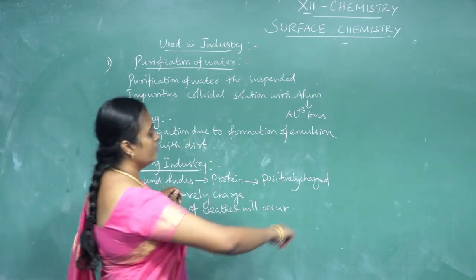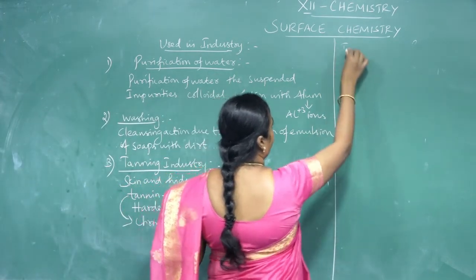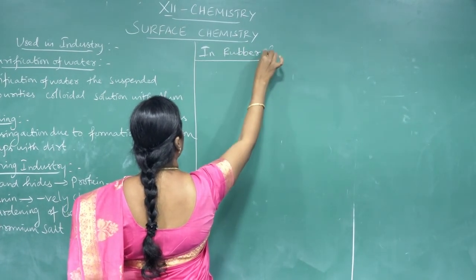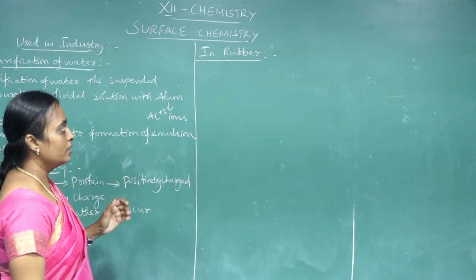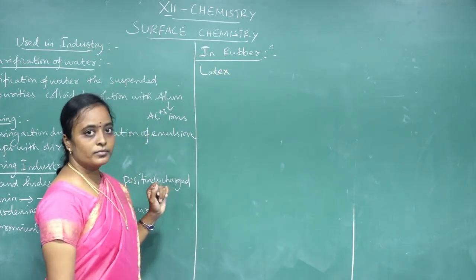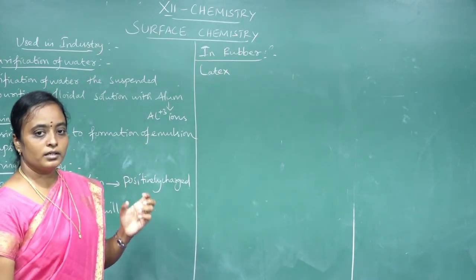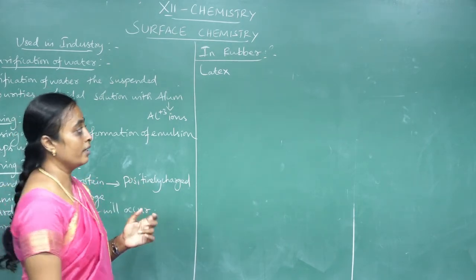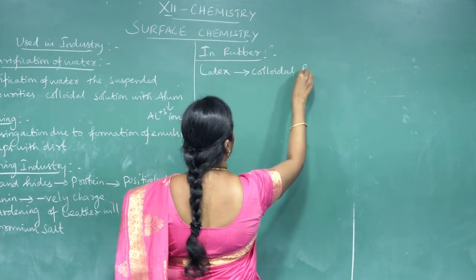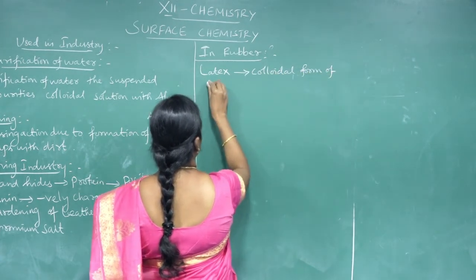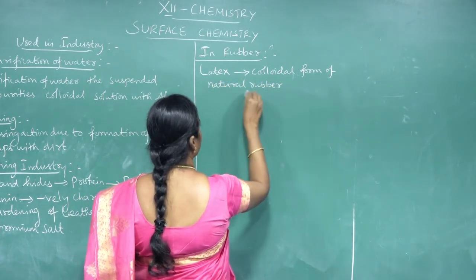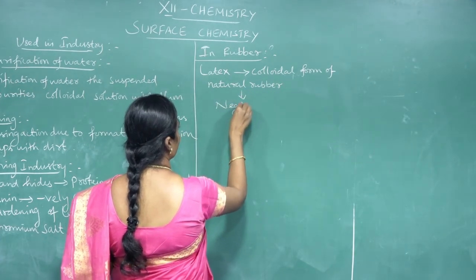And same way, in the rubber industry, first of all, what is rubber? If I am taking rubber in latex form, it is also in the colloidal form. Latex is nothing but the colloidal form of natural rubber, and it is negatively charged.